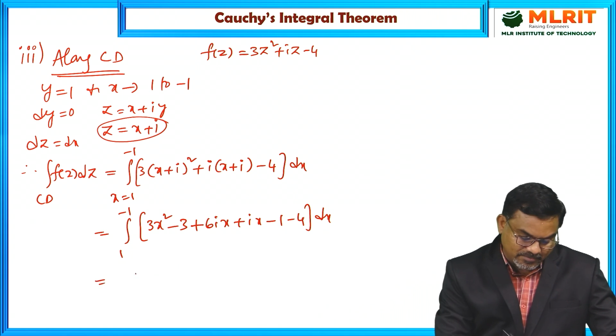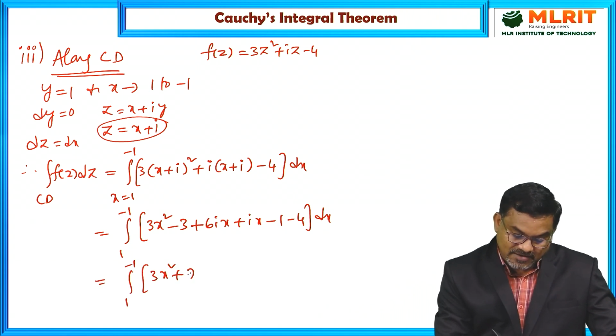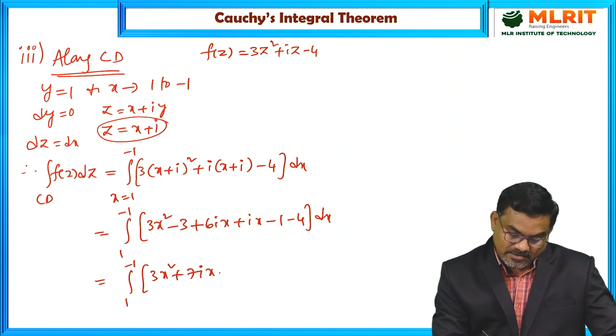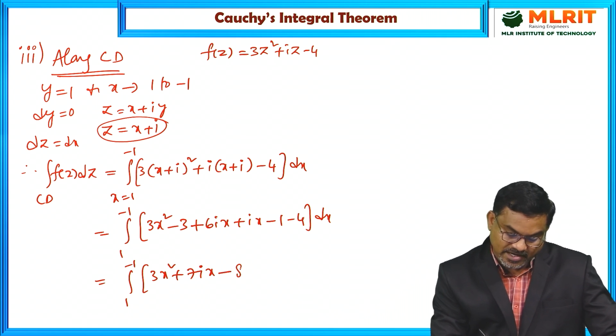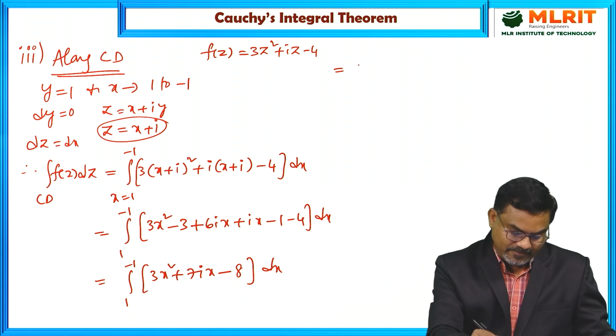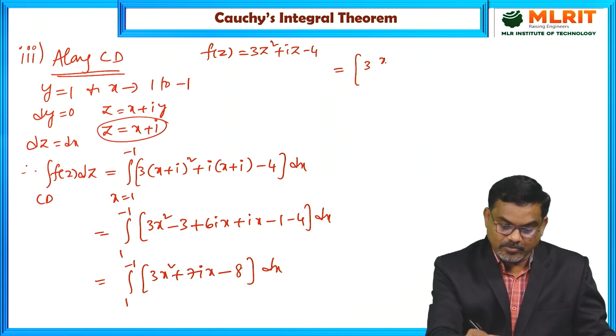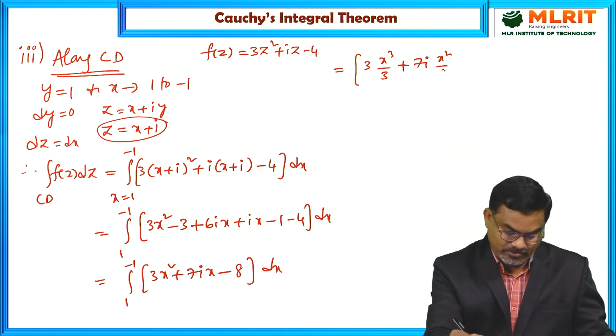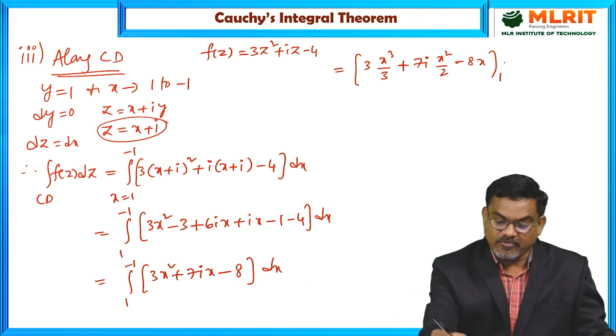Now again simplifying this, we get 3x square plus 7ix minus 8 dx. So now integrating with respect to x, we get 3 into x cube by 3 plus 7i into x square by 2 minus 8x from 1 to minus 1.